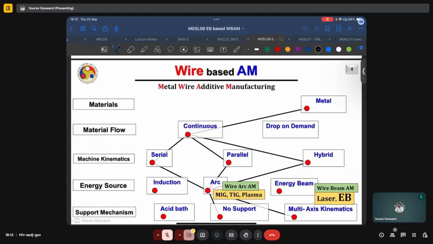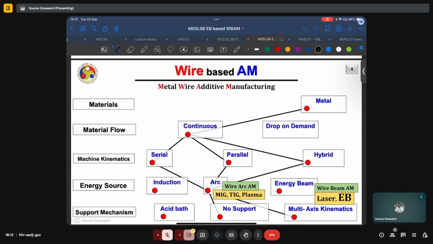The machine kinematics can either be serial, where there are multiple links connected to each other, but only one link is connected to the end effector, or it can be parallel kinematics where multiple links are attached to the end effector. It can be a hybrid kinematic system which incorporates the beneficial features of both of them.